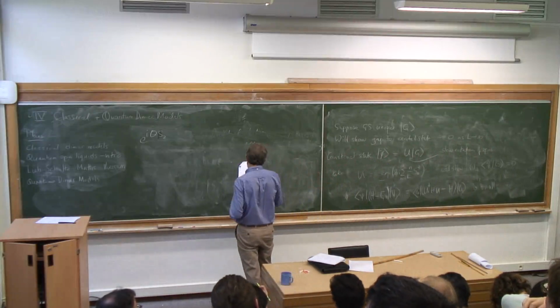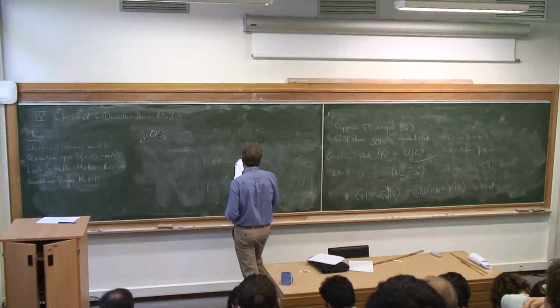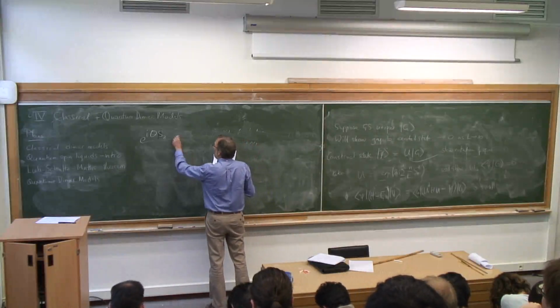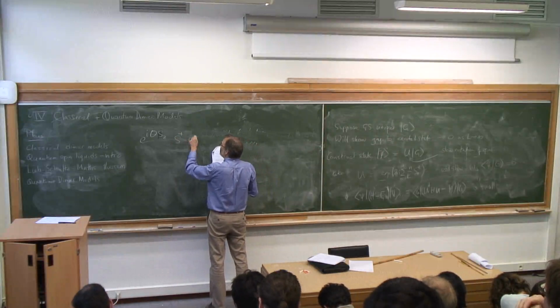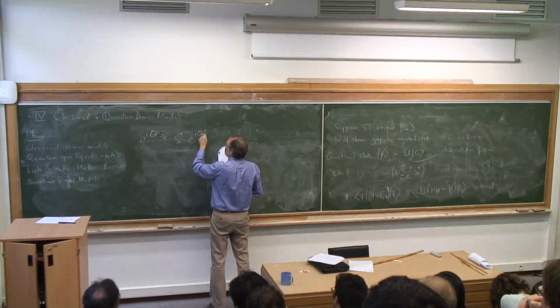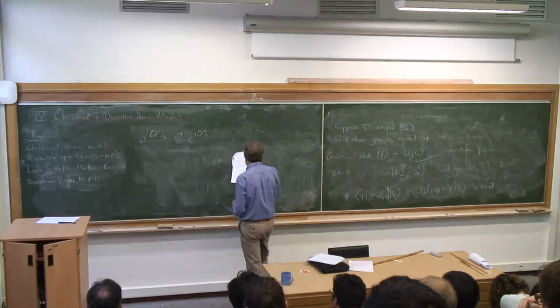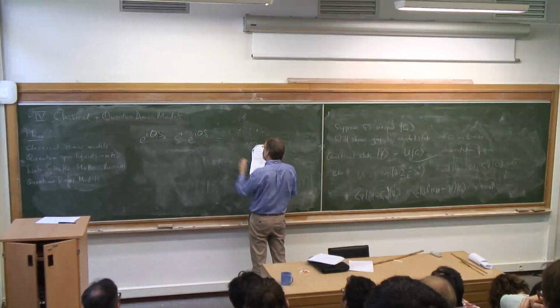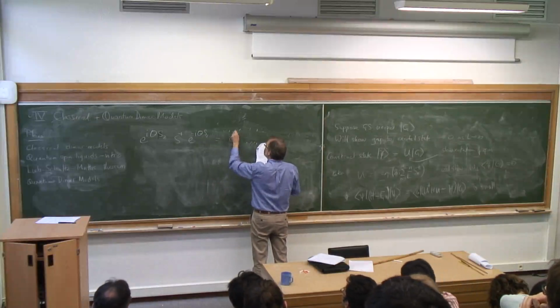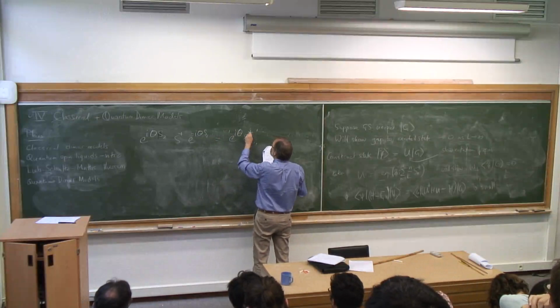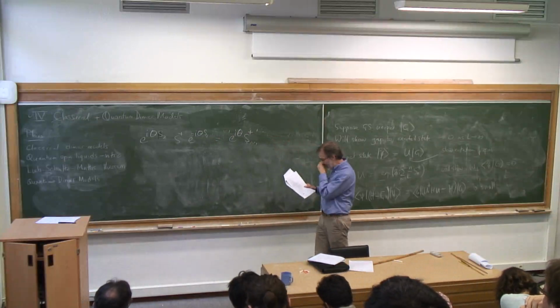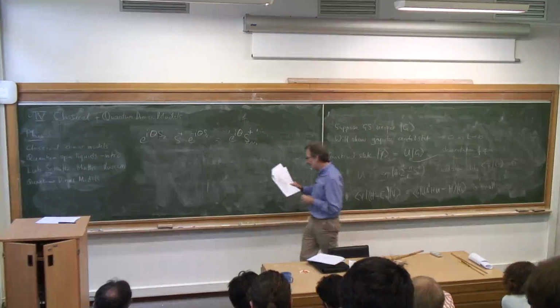Okay, so if we think of the effect of rotations in the Hamiltonian, we had spin raising and lowering operators. So the effect of a rotation through an angle theta is to multiply, for instance, the spin raising operator by e to the I theta.